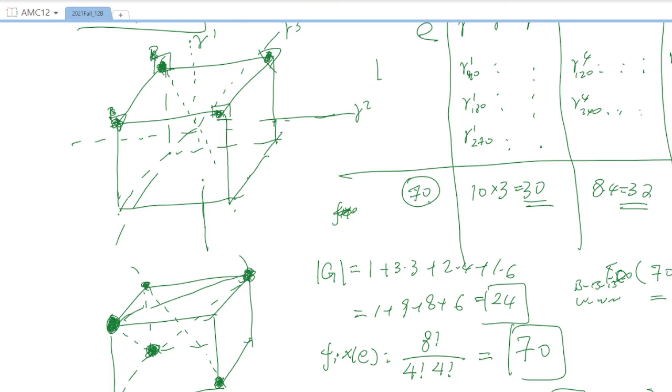But we know this is the total stabilizer, right? So for every orbit, the stabilizer is 24, right? So the number of orbits is equal to the fix over the number of operators. 168 over 24 is 7, right?